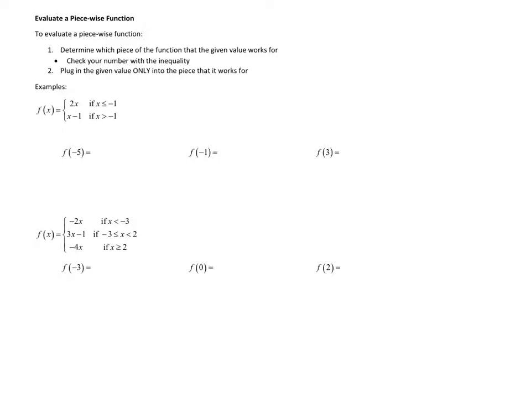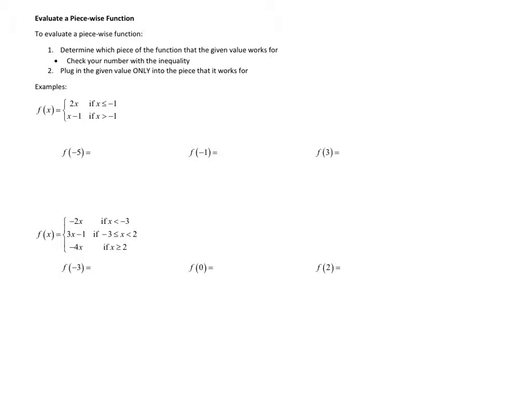So before, when we were just evaluating a function, I plug it straight into the one function that I have. In a piecewise function, I first determine which piece to plug it into, and then I plug it in. I'm only going to plug it into the one place that it fits, the one place that the domain checks out. I say domain because if you notice in these examples, they give me if x is this. Remember, the x values describe the domain.